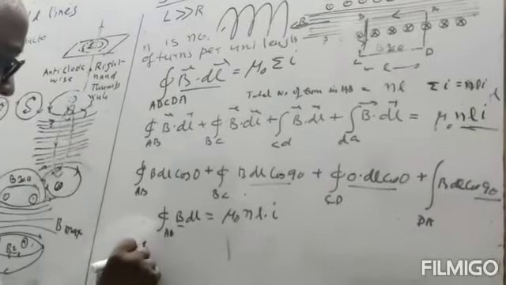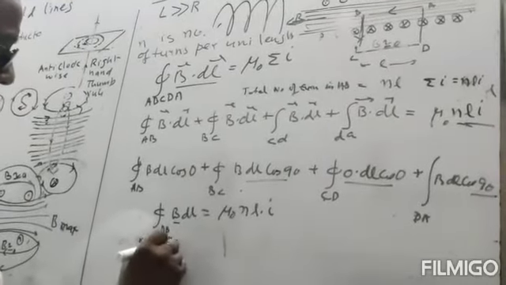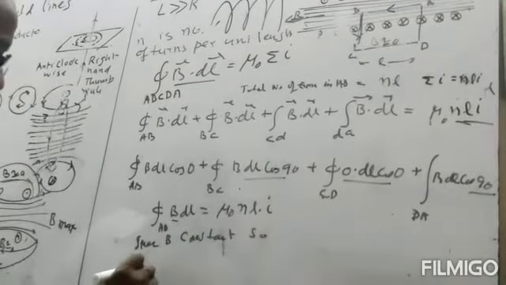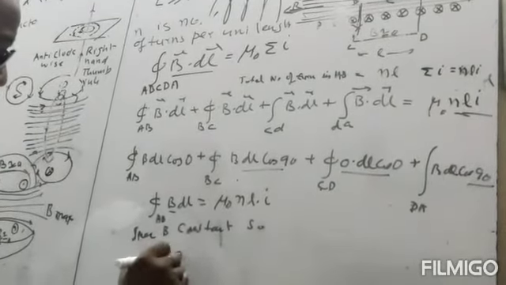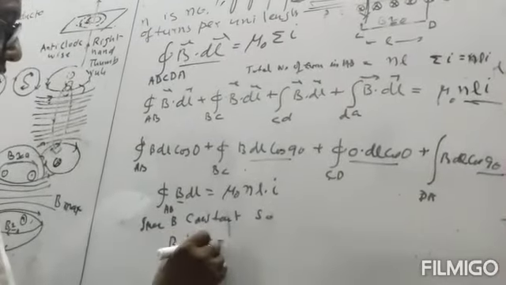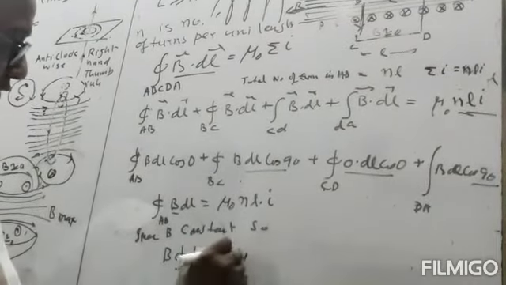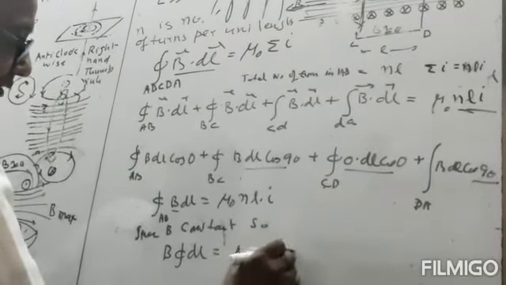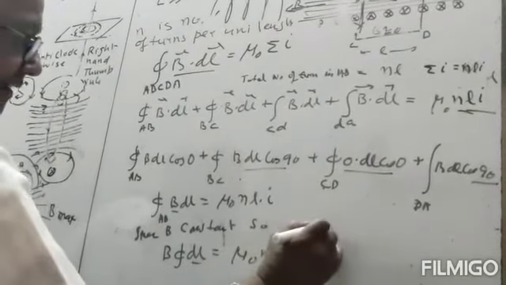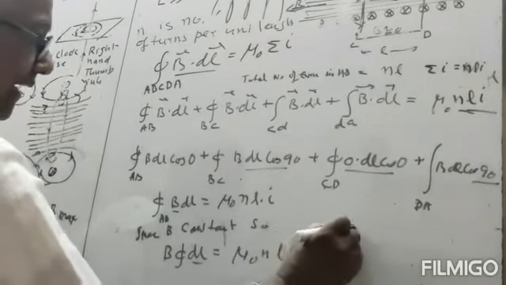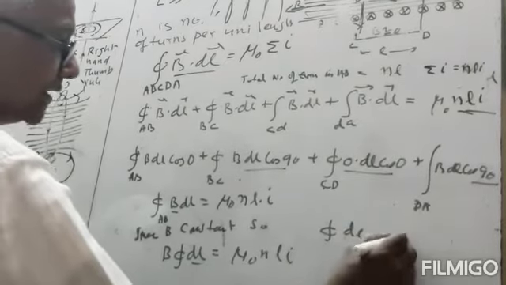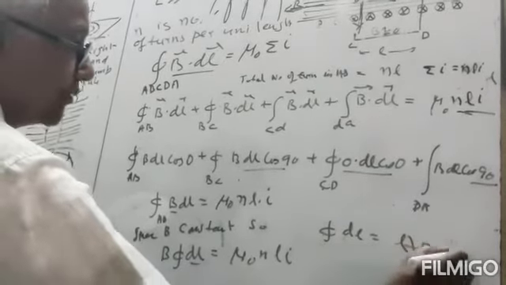Since B is constant, B times the line integral of dl will be equal to mu 0 n l I, and the line integral of dl will be equal to the length AB, which is equal to l.